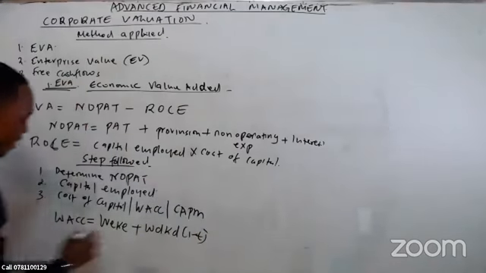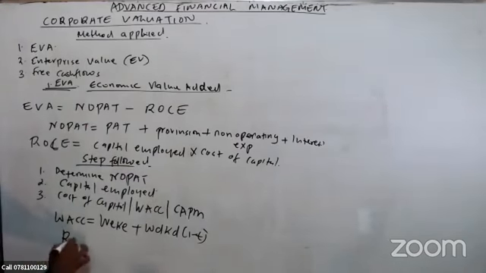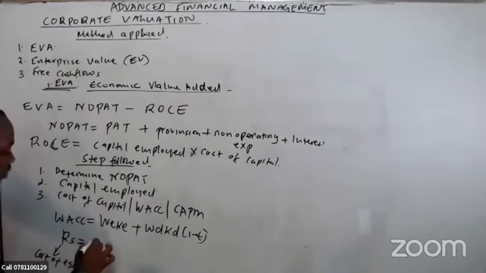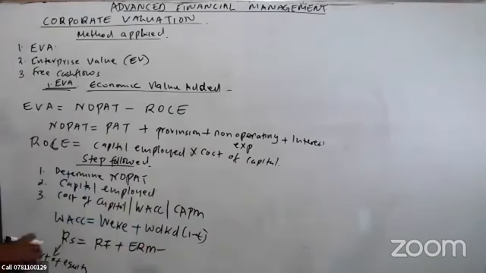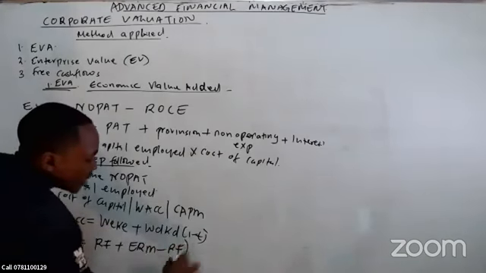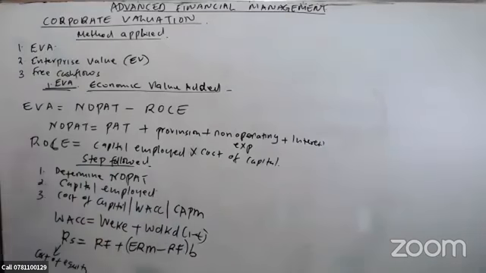When using the CAPM, the return of the security is the same as the cost of equity. You take the risk-free rate and add the expected return on the market minus the risk-free rate, multiplied by the beta factor. That was step number three.